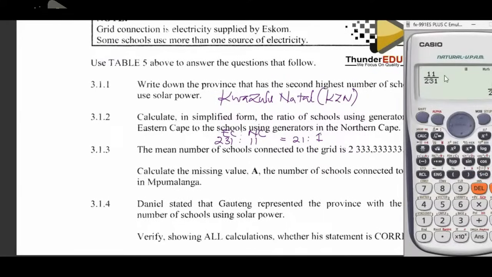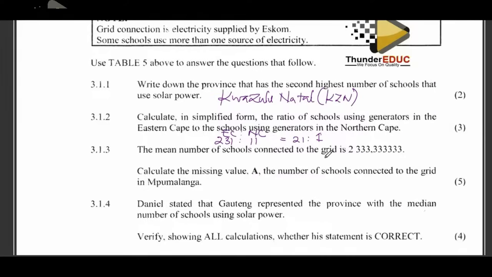You see how it is? On top here, we have 11. So 11 goes with 1, 21 goes with 231, and you're done. Simplified form using your calculator. I think the 3 marks we shall give you, 1, 2, and your answer. These are important. Were you able to identify them?